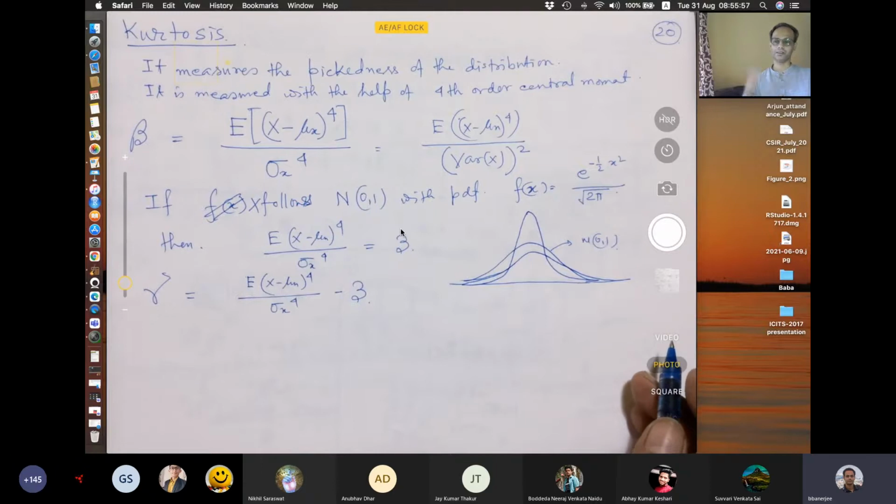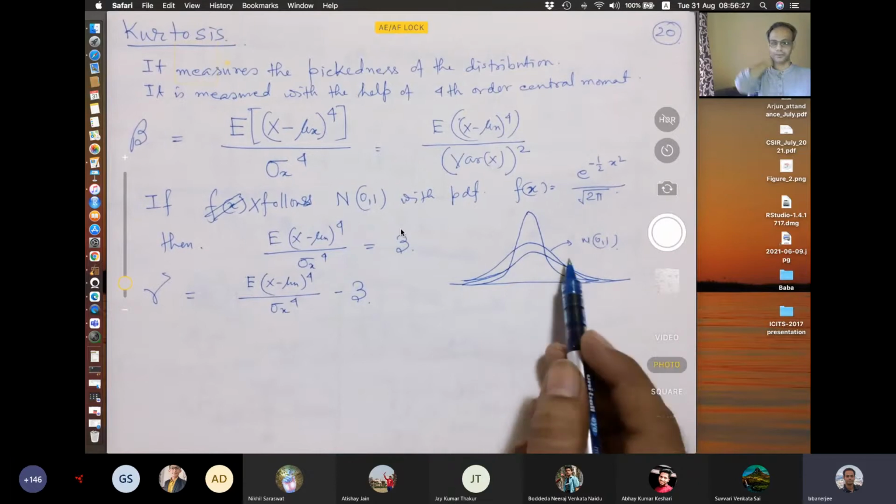Is it possible that one curve will always be above the other? Yes or no? No, sir. What is the reason? Area should have to be 1. So the area under the curve should always be 1. So it will never happen that one PDF will always be above the other.